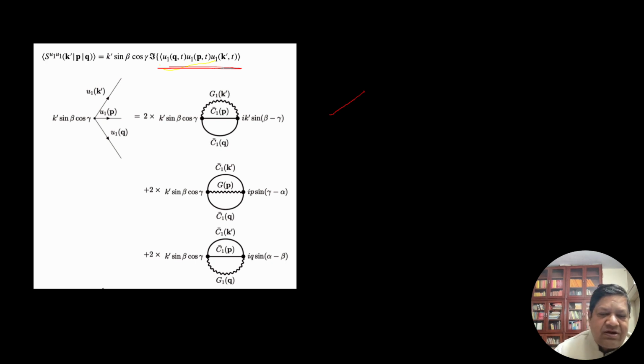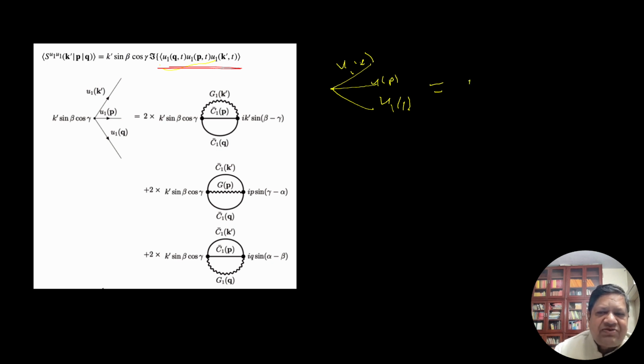So like before, what should I do? I have these 3 U's: U1 of K, U1 of P, U1 of Q. Like before, I am going to expand one of them using the Green's function.